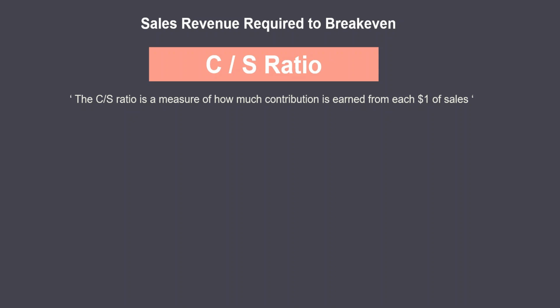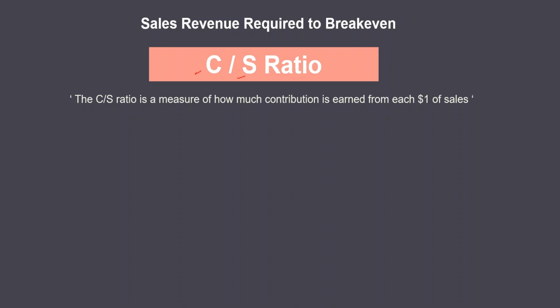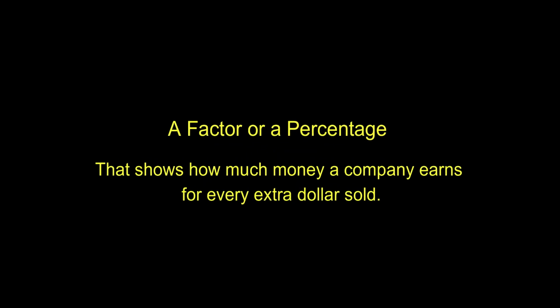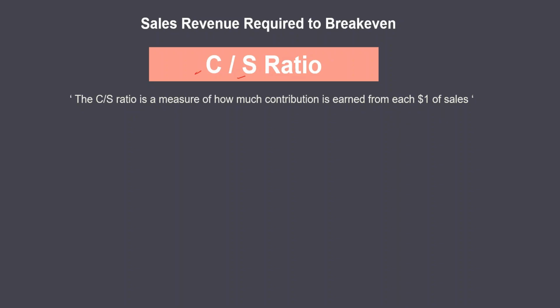So basically, it's a contribution margin to sales ratio. C means the contribution, S means the sales. So therefore, it is the contribution margin to sales. So it is basically a factor or a percentage that shows how much money a company earns for every extra dollar sold. So this is the meaning of CS ratio.